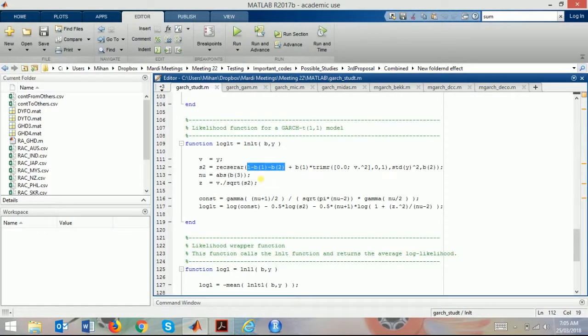So X is the constant here. Y naught is beta1, taking 1 minus beta1 minus beta2, and then we are stacking v squared.